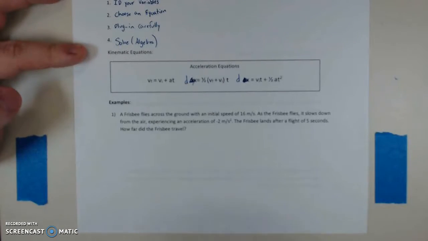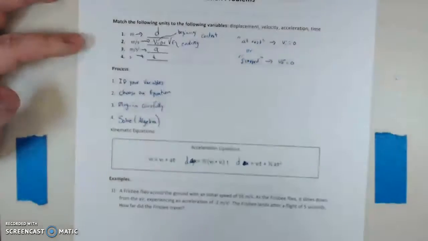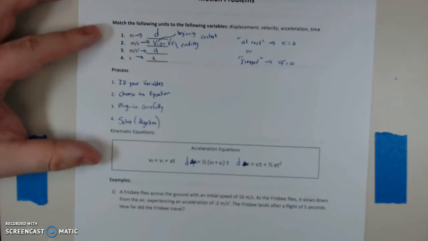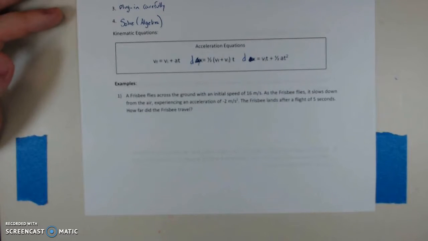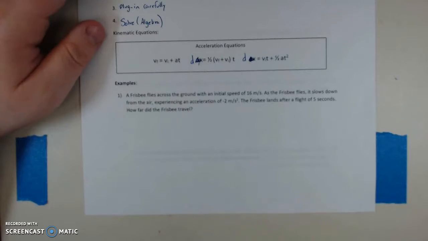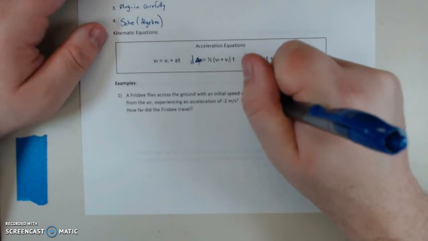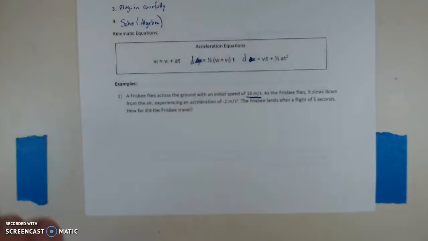Okay, so let's look at example problem 1, and I'll try and work through our 4 steps as we go through the problem. So first off, we have a frisbee. It flies across the ground with initial speed of 16 meters per second. Now, as I read here, I'm just going to underline numbers that I see, because that'll be helpful for us as we go through the problem.